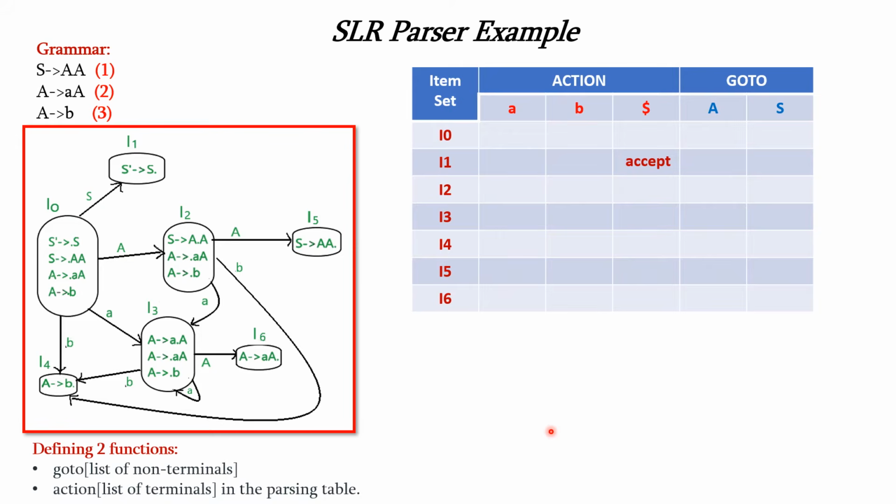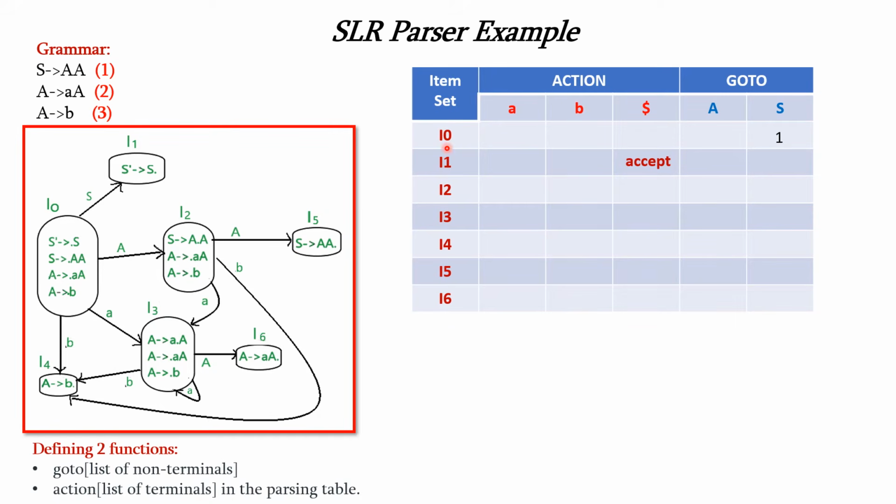Next we have to consider the state transition diagram and construct the shift operations. So I0 on S goes to I1. Near the row I0 on column capital S, we have to mention the item set number, which is I1, so we consider only the number 1. Next, I0 on capital A makes a transition to I2.